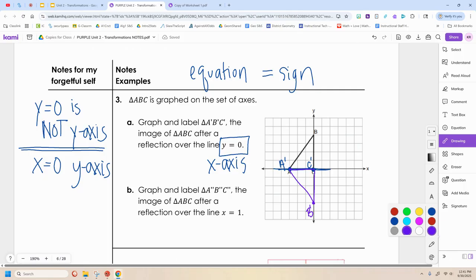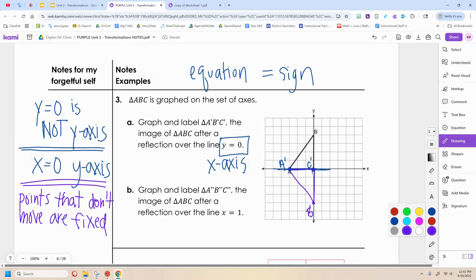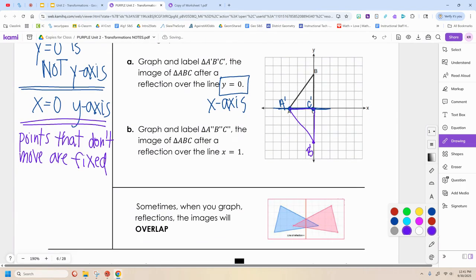And then you could talk about how those points are fixed. When points don't move, we say they're fixed. Points that don't move are fixed.